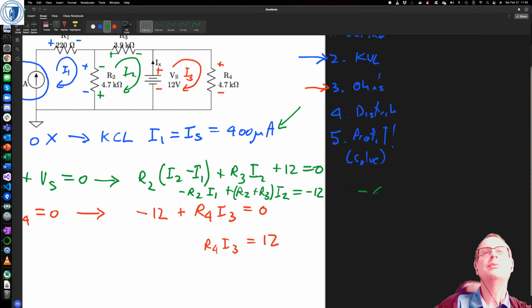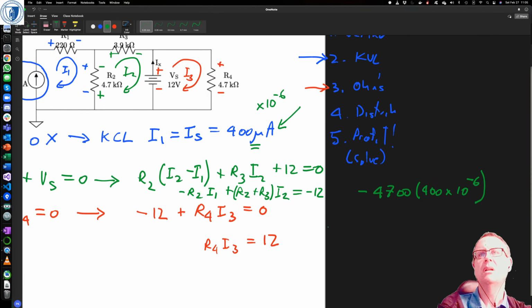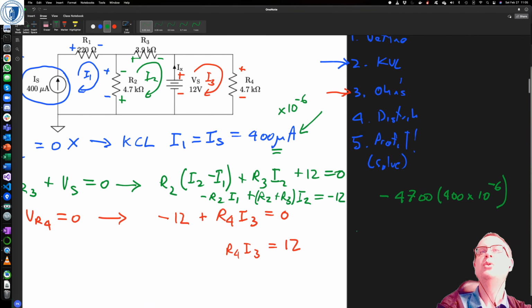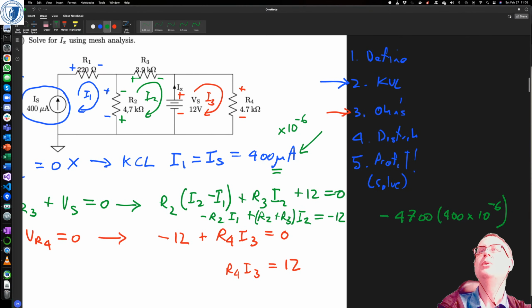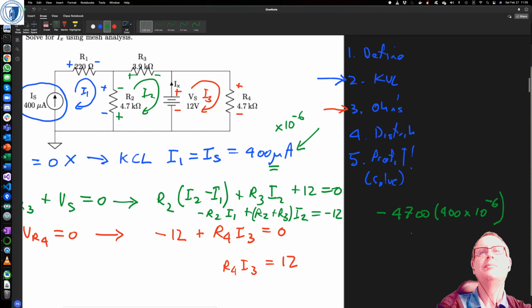So it's minus 4700 times I1, which we already know the value of, which is 400 by 10 to the minus 6 amps. Remember, microamps is by 10 to the minus 6. And then R2 plus R3. R2 is 4700. So what's that? That's 8600.